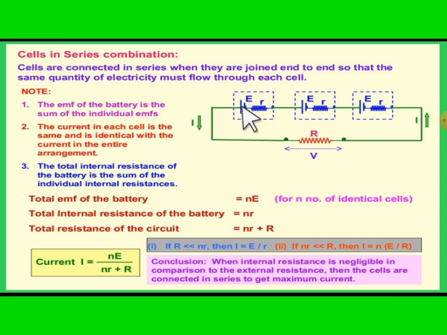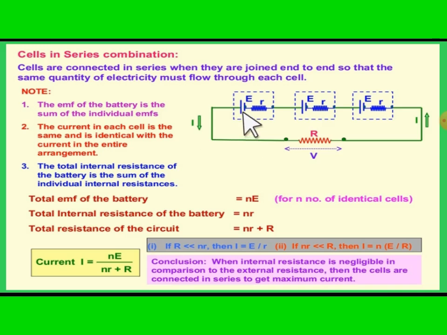Here we are taking similar cells, so your E will be all the same. So we need to find out this total current. We need to try to express this total current in terms of this E and R. And we need to see whether the current is dependent on the number of cells.